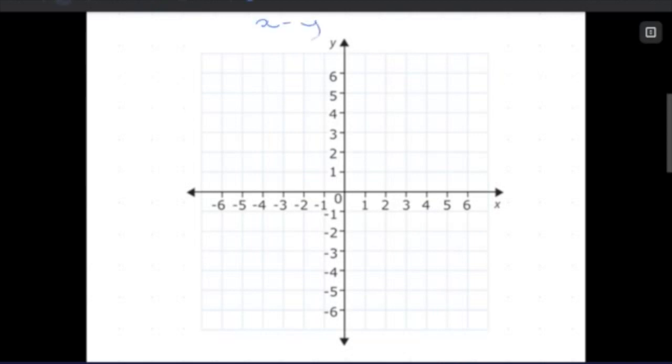Before we even get to talking about linear relationships, we need to understand this plane, because a lot of the examples we're going to be working through have to do with this thing here.